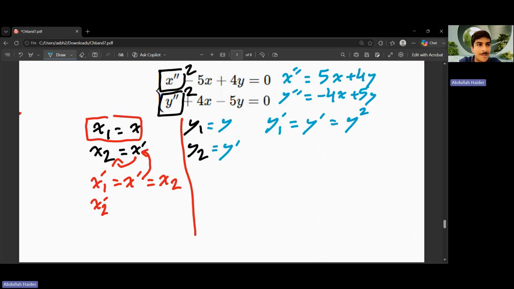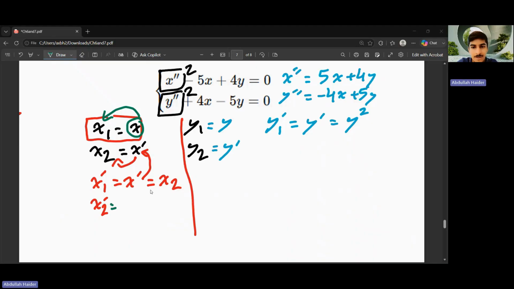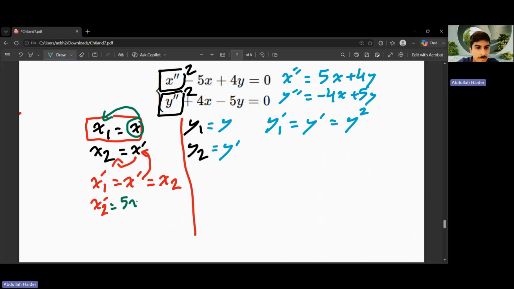So we rewrite this, but x double prime is 5x plus 4y. Our x here refers to x1. So you can write this as 5x1 plus 4y.